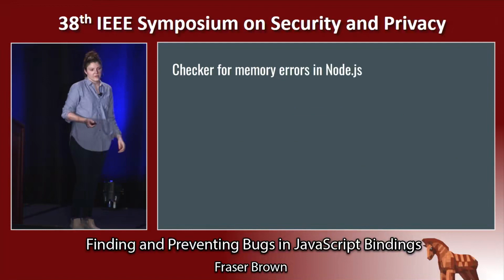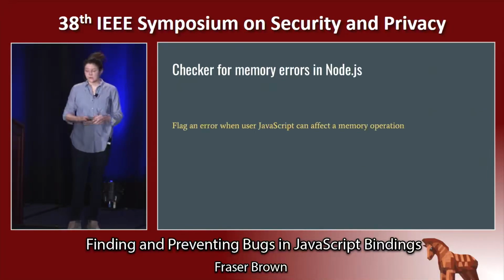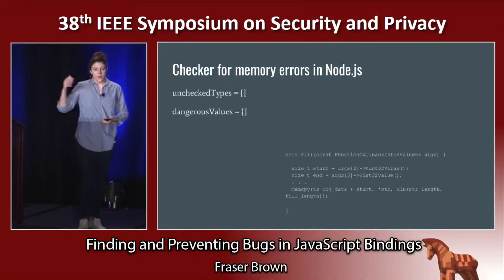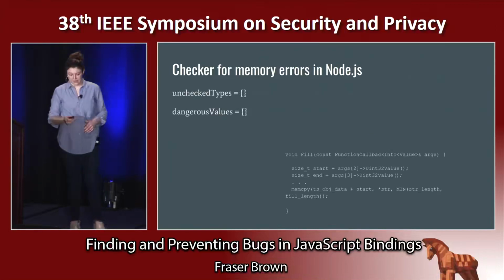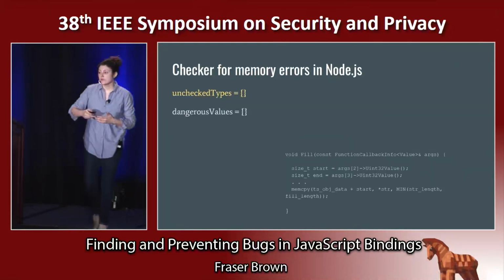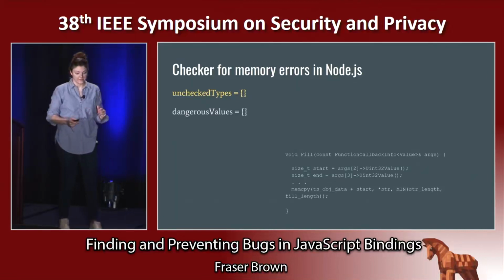We found this bug using a checker that looked for any place where user JavaScript can affect a memory operation like memcpy or malloc. This checker walks through source code, keeping track of two pieces of information. It keeps track of unchecked types, which are all incoming arguments that have not yet been explicitly type checked in the binding layer.